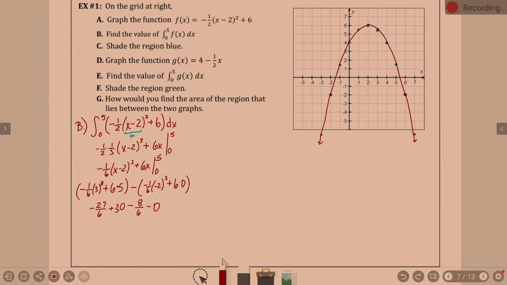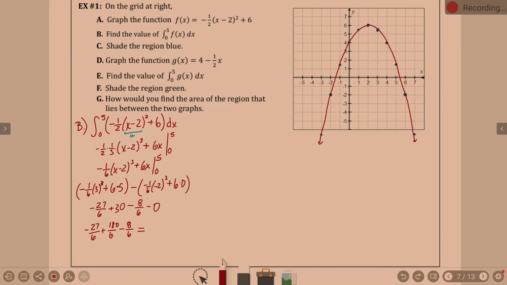Okay. So, yeah, 6 is the common denominator. So my brain would say this is negative 27/6 plus 30 times 6 is 180 over 6, minus 8/6. Right? Yes.